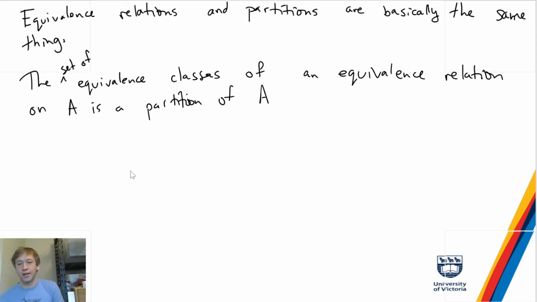And on the other hand, if you have a partition of A and you define two things to be equivalent if they're in the same cell, then that gives you an equivalence relation.